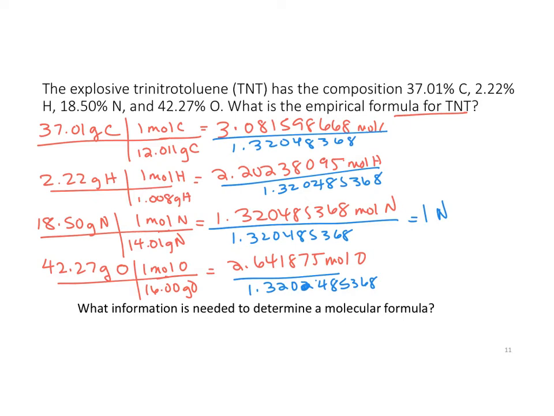All right, well, let's see what we got. 3.081598668 divided by 1.32048368 is 2.333. 2.2023895 divided by 1.320485368 is 1.6678. 2.641875 divided by 1.320485368 is 2.000.